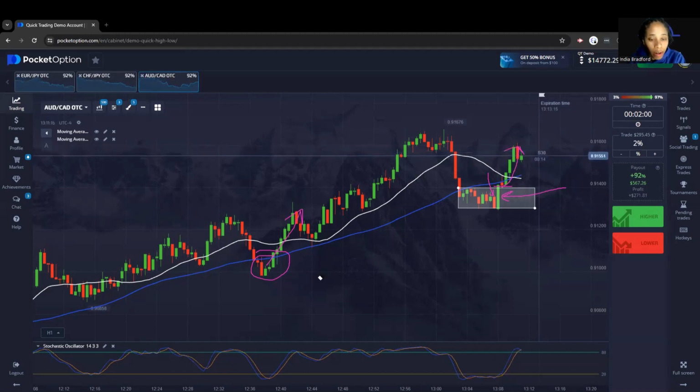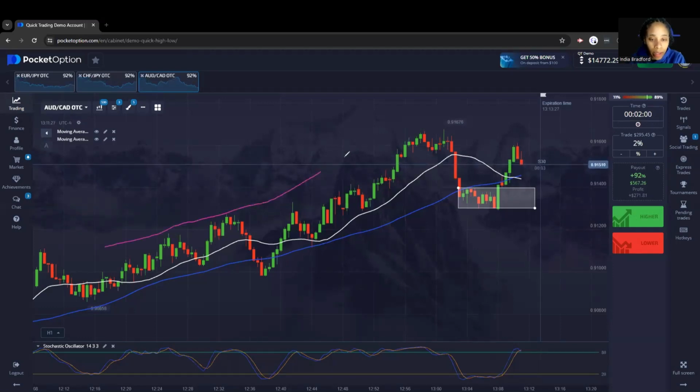Okay, so let's see if we can find one more setup. And if not, that's fine as well. But I wanted you all to get the understanding that when you're looking at a pair that's moving on a trend, upward or downward, pay attention to price action. What is it doing when it gets near the 50 and the 21?